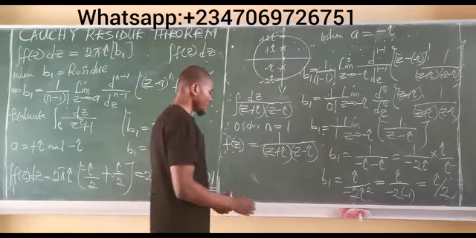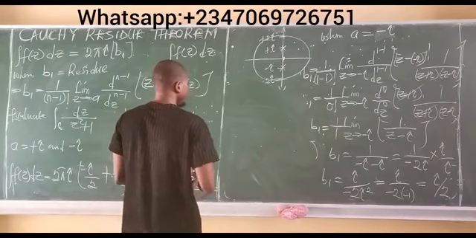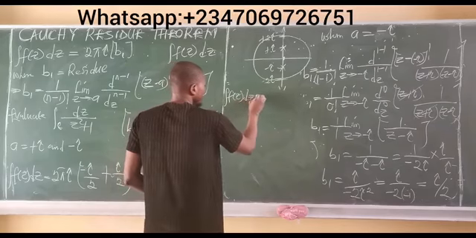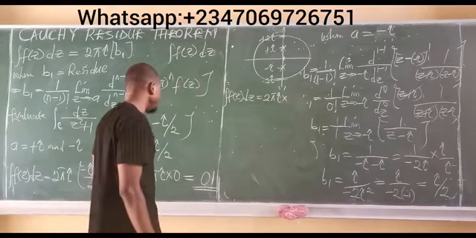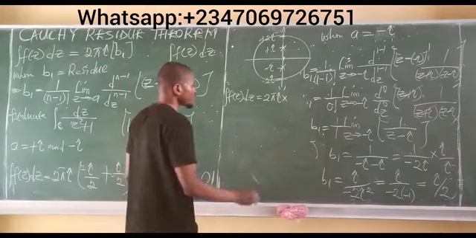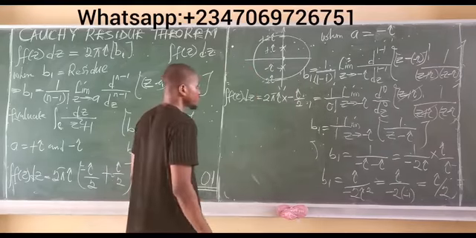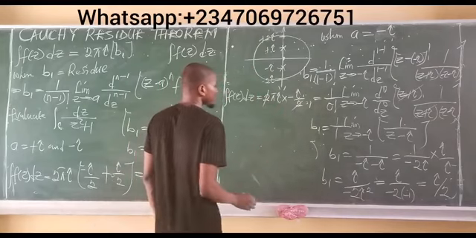Let's do the individual over here. Individually, you have the integral of f of z dz equal to 2 pi i multiplied by the first residue, which is minus i over 2. So multiply by minus i all over 2. So 2 cancels 2 here, and i times i becomes i squared.